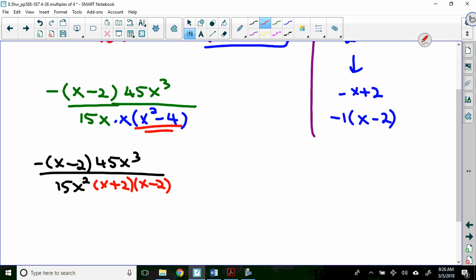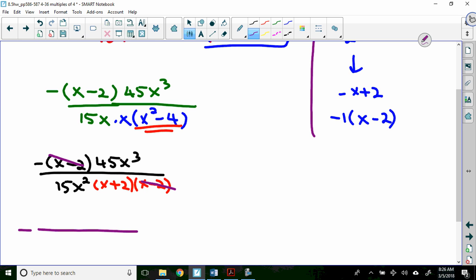So now let's see what cancels, if anything. So our final answer is going to be negative something. Well, let's see. Are there any factors top and bottom that are going to cancel or cross cancel? X minus 2's. What about 15 and 45?